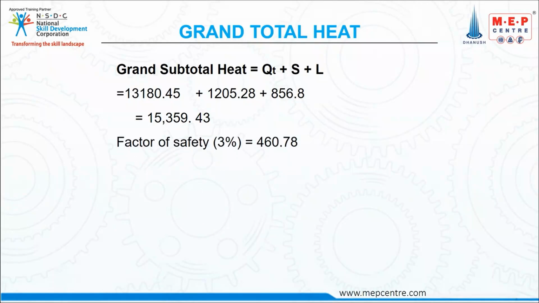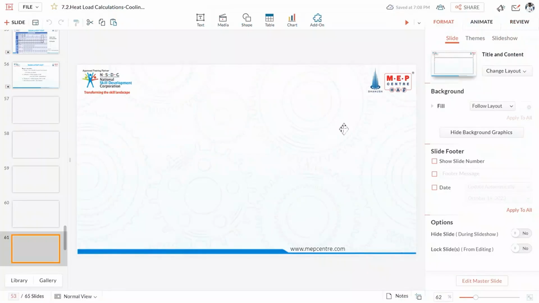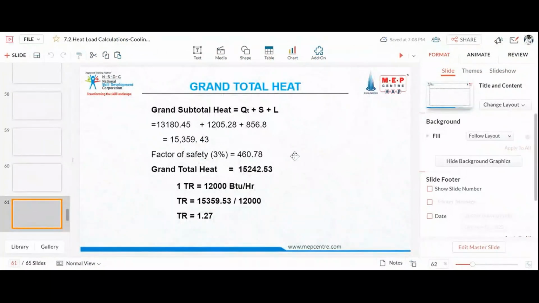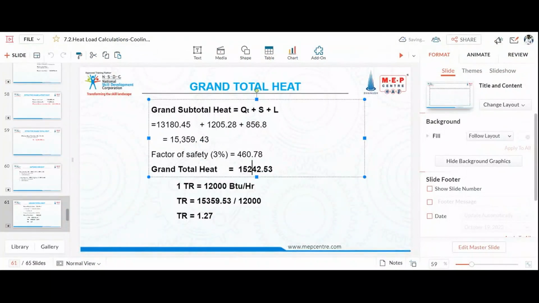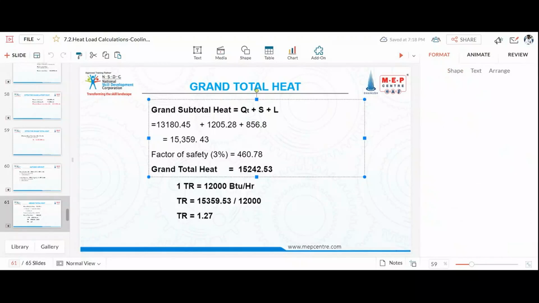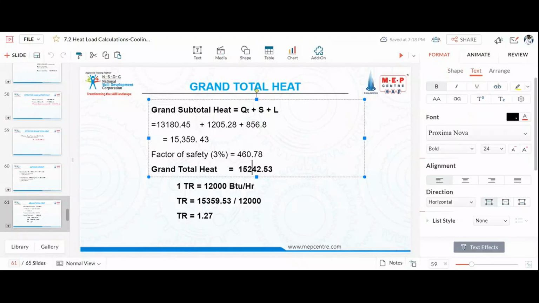So after adding the factor of safety of 460.78, what is the value you will get here? 15359.43 plus 460.78. How much value will you get here?